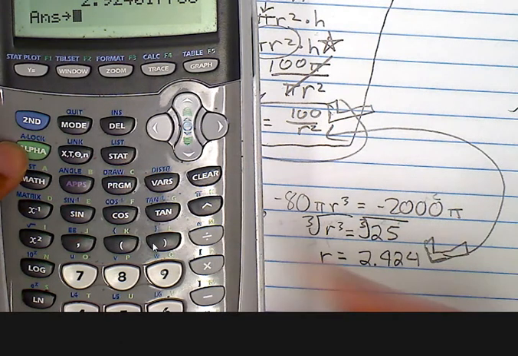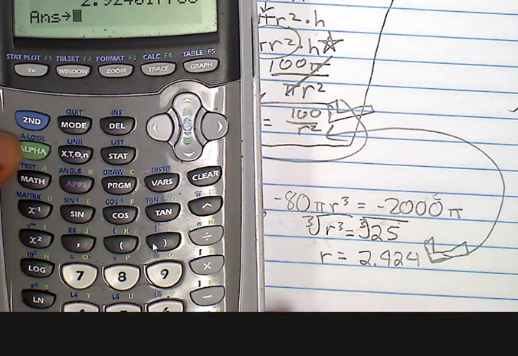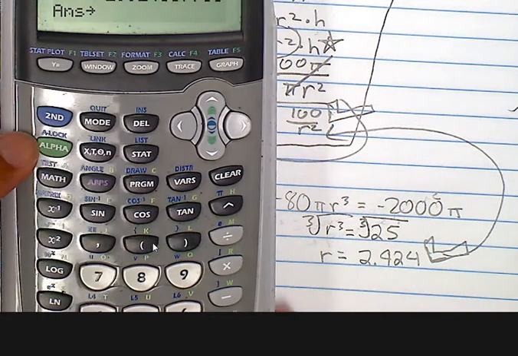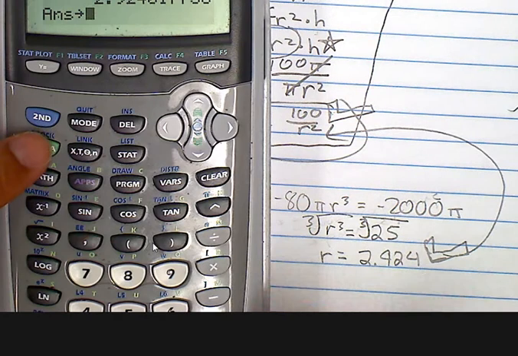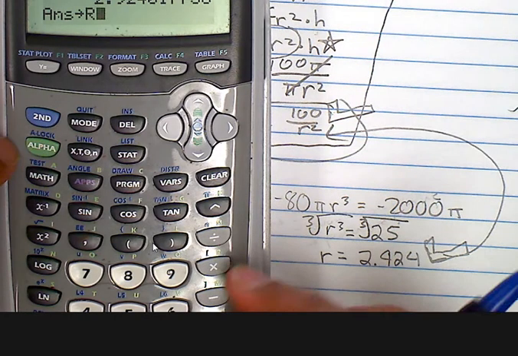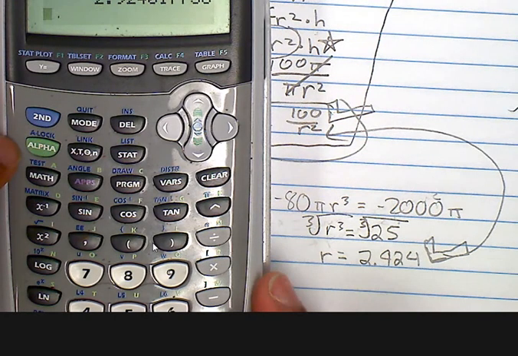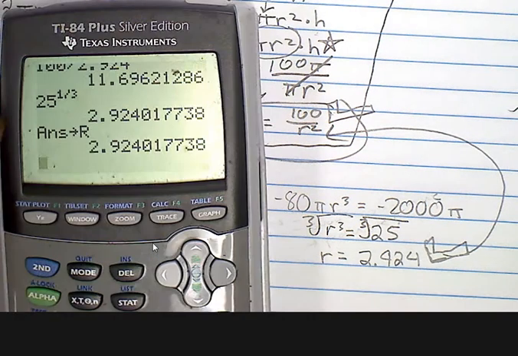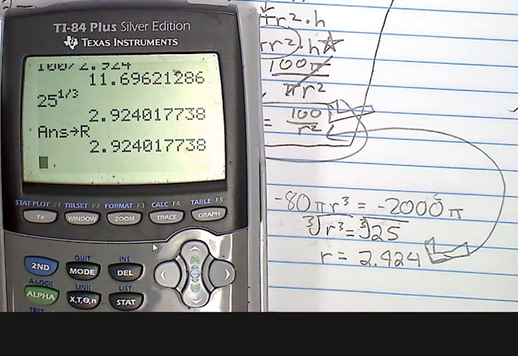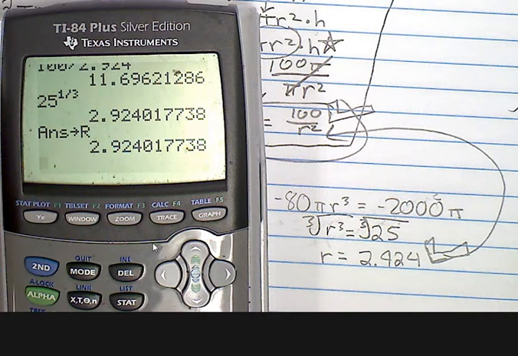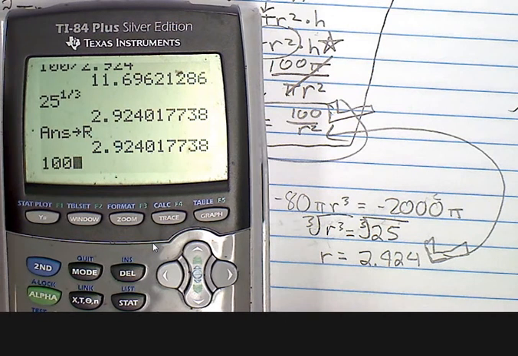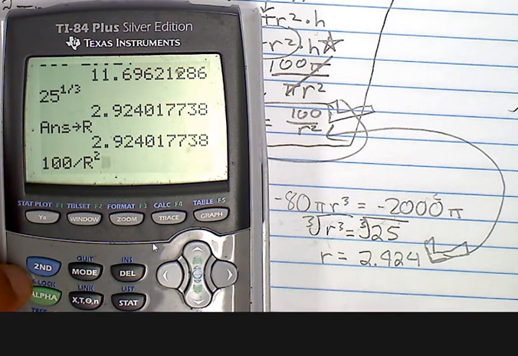I know you can't see it on the video. You're going to hit alpha and then the multiplication sign for R. Then store it as R, and hit enter. Now that it's stored as R, you can just do 100 divided by R squared.